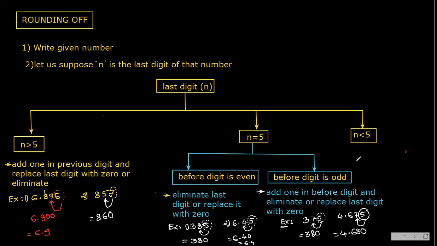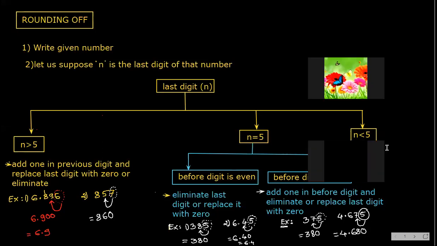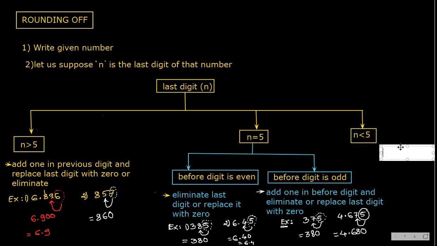Yes, sir. Okay. So next one. Now the last case, that is if n is less than 5. So switch off the videos, those who have turned them on. If the last digit is less than 5, what to do?